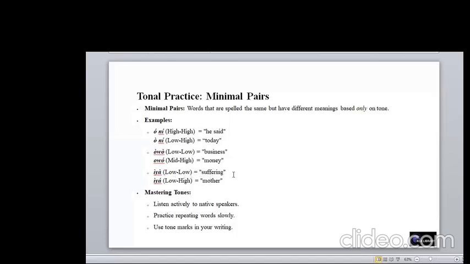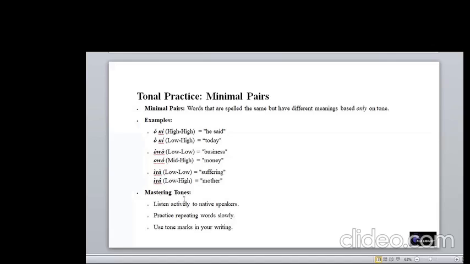It means suffering. That same word can be pronounced as Iya, meaning do mi, and it means mother. So words which are spelled the same way can have different meanings based on the tone used.